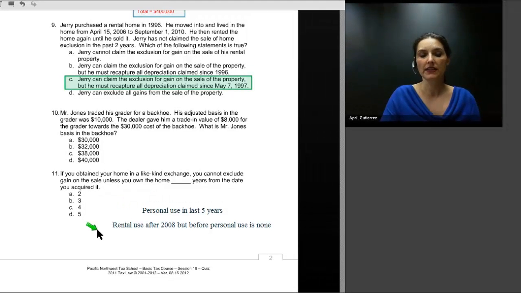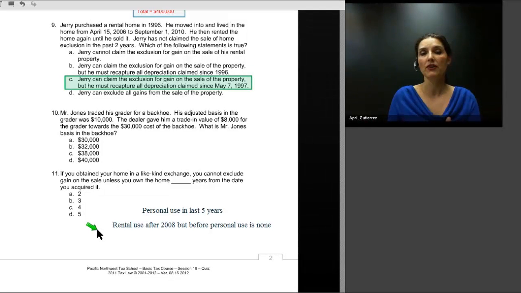A separate test is, was there any rental use that preceded personal use and occurred after 2008? Well, there is rental use after 2008, but it does not precede personal use after 2008 because he was living in it and occupying it from 2006 till 2010. So during that whole time, it was never rented.